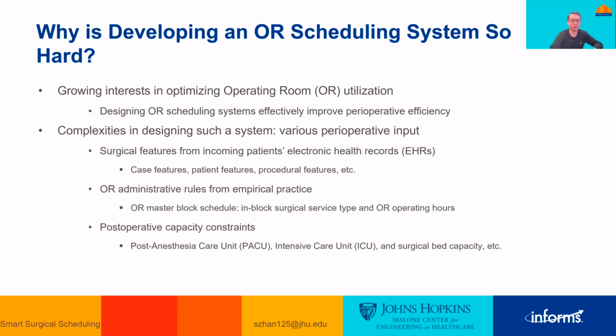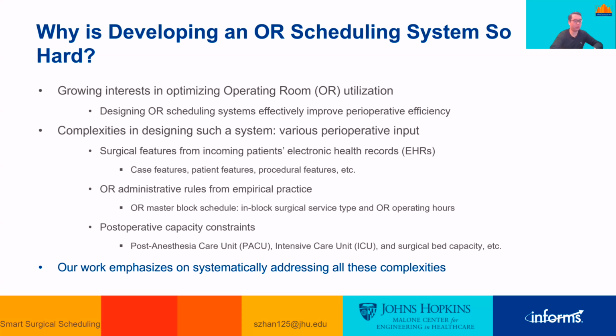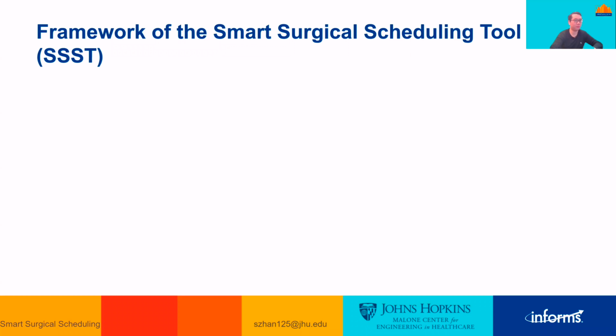The third input is the post-operative capacity constraints, which involve downstream facilities such as PACU, ICU, and surgical bed. Our work focuses on systematically integrating all three inputs into the OR scheduling process to ensure a smooth patient flow.